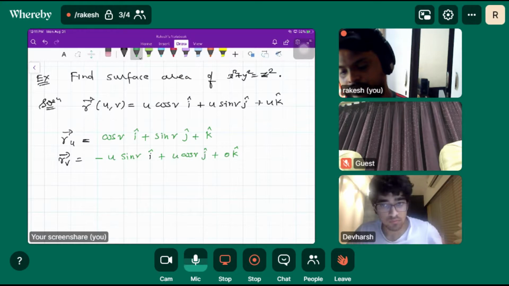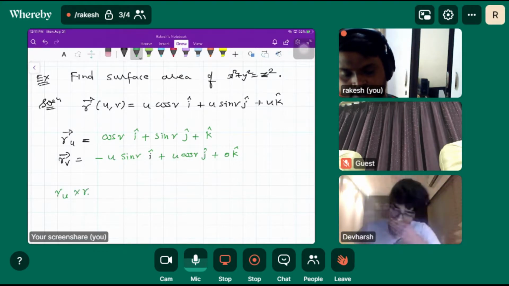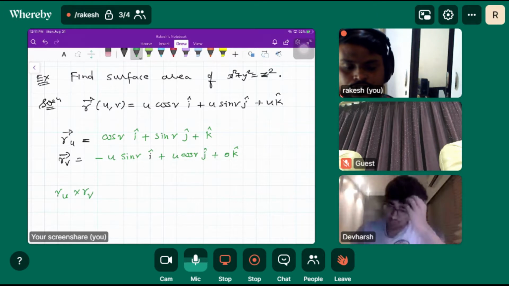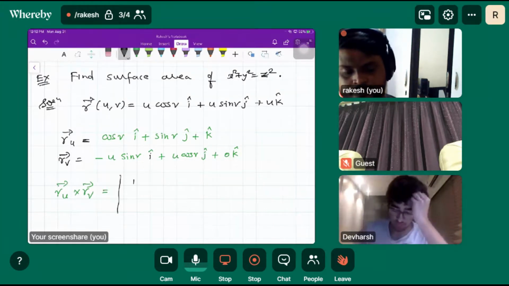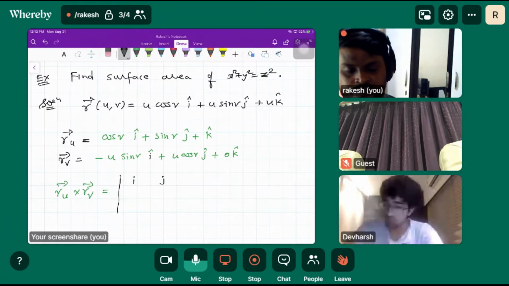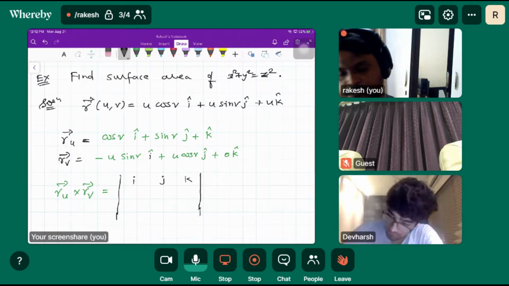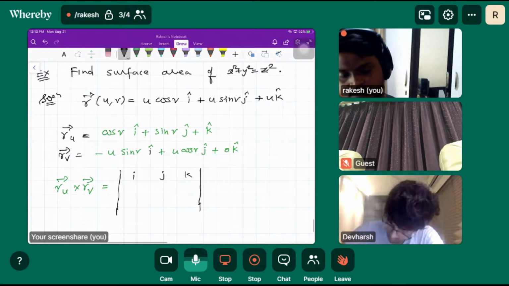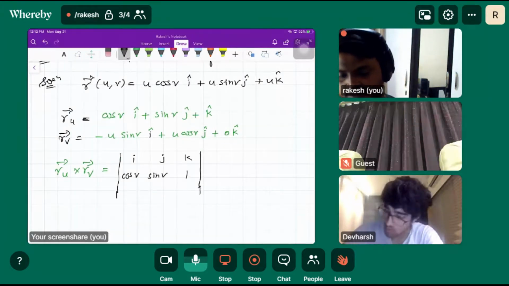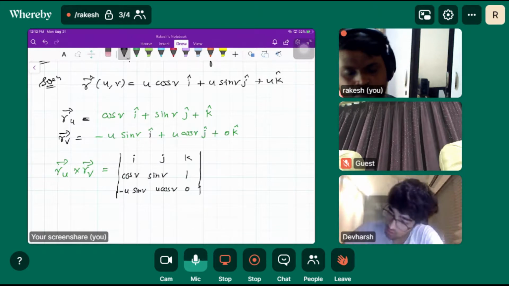Okay, so Ru cross Rv. We'll find out the cross product, right? i, j, k, then cos v, sin v, 1, minus u sin v, u cos v, 0.